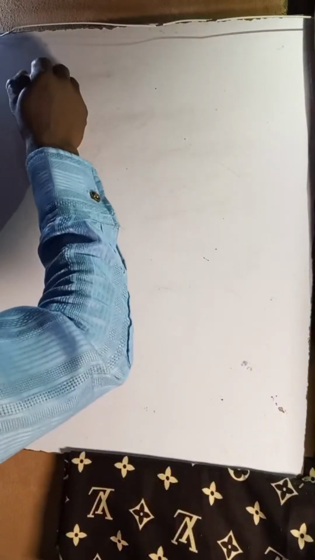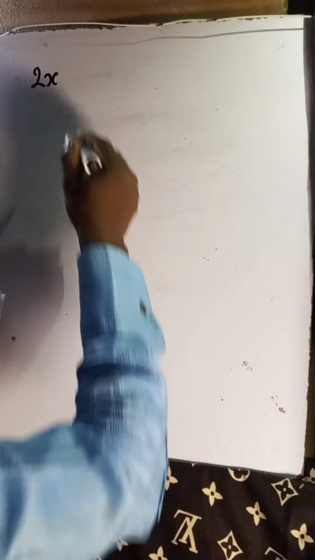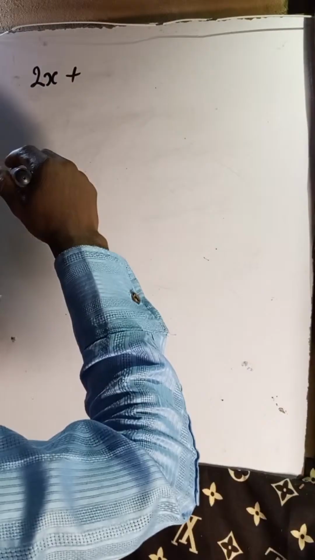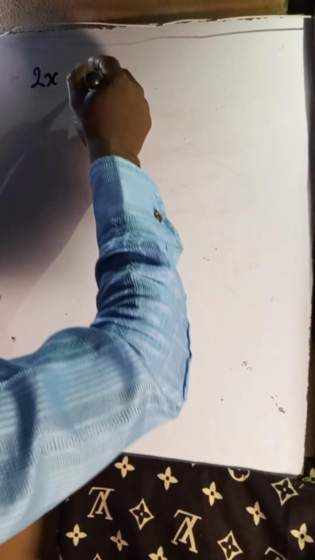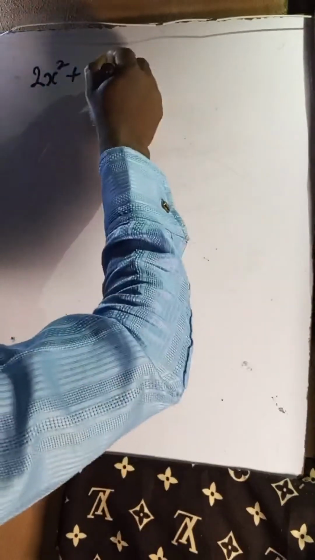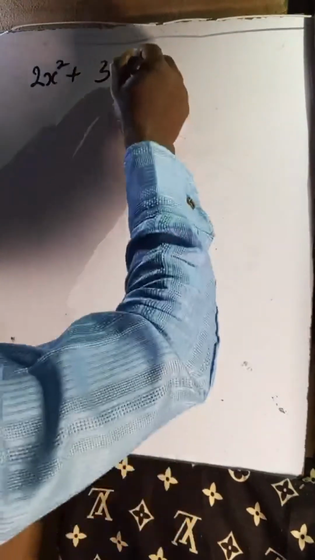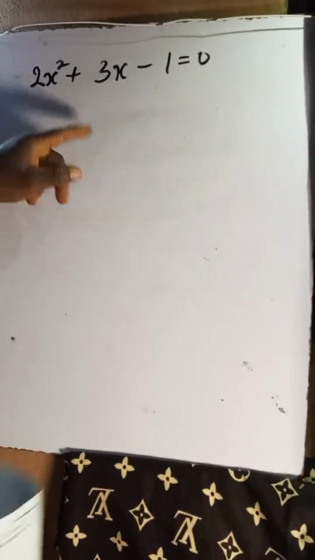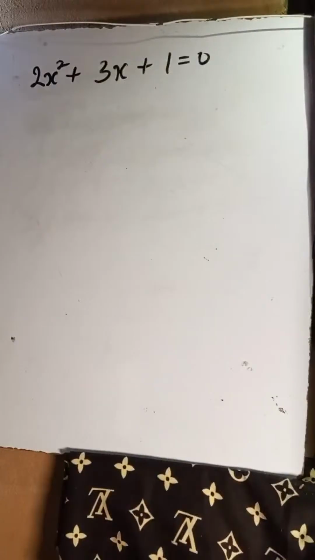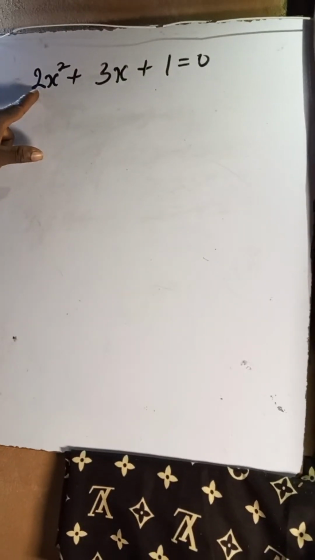Here we have 2x squared plus 3x. If you look at this, the coefficient of x squared here is 2 and it's not 1.